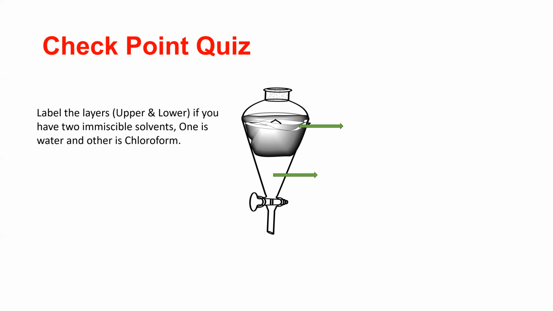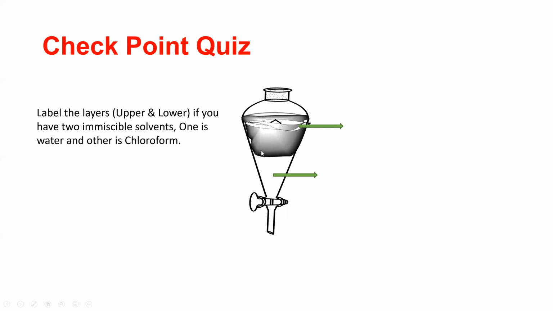So in the aqueous and organic solvent, or even two other immiscible organic solvents, you can separate these two layers and get your product in whichever solvent system it is. So now I have given you this case, that this is the solvent extraction flask, right?